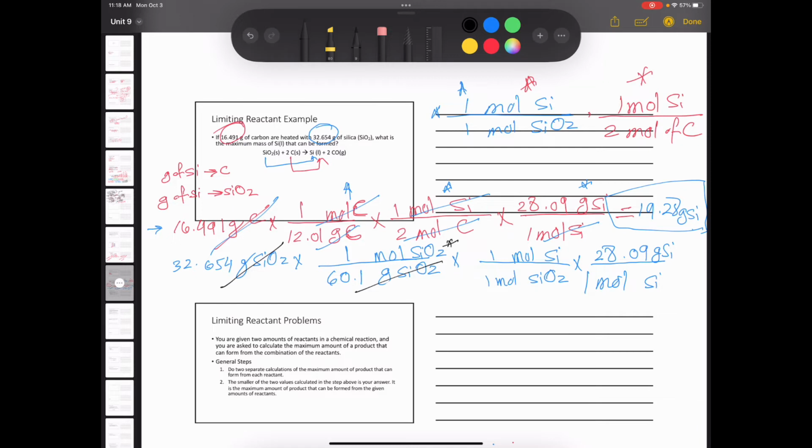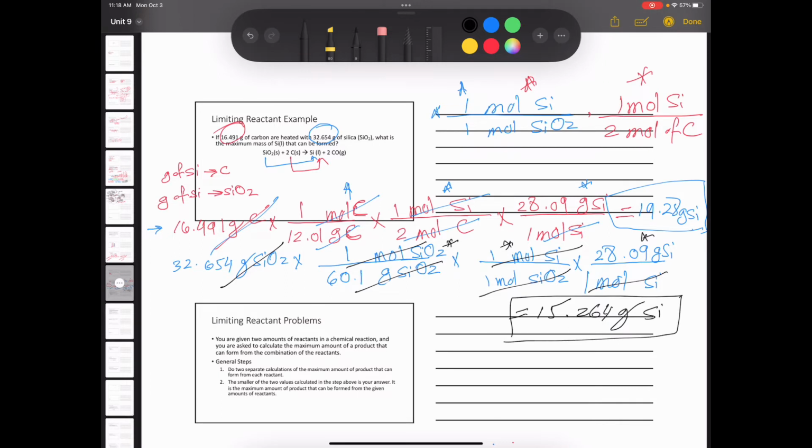Now I have moles SiO2, so I can use my stoichiometric relationship. This one cancels out, now I have moles of silicon, which cancel out with moles. Now I have grams, and then my answer will be 15.264 grams of silicon.